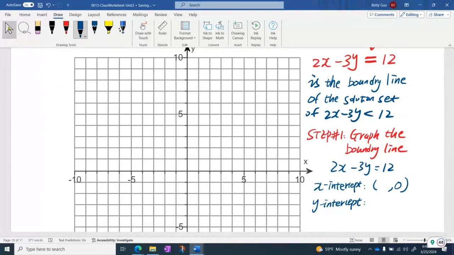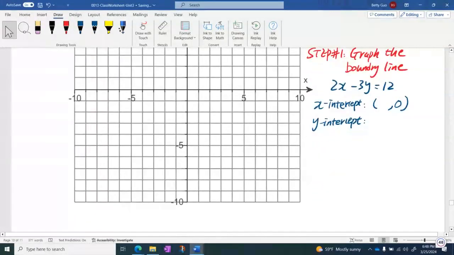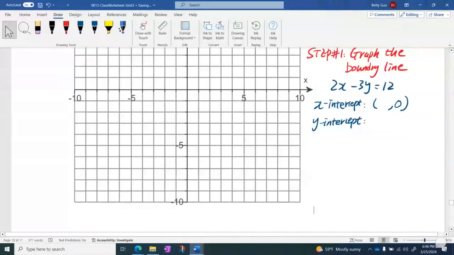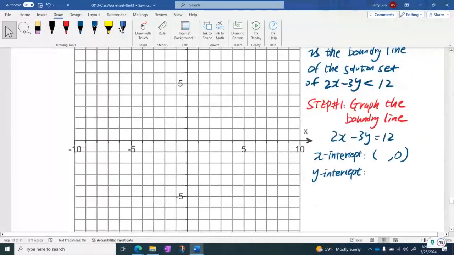Make y be 0 means we are going to remove this part. Then what is x? Look at this equation. What happened to this equation?